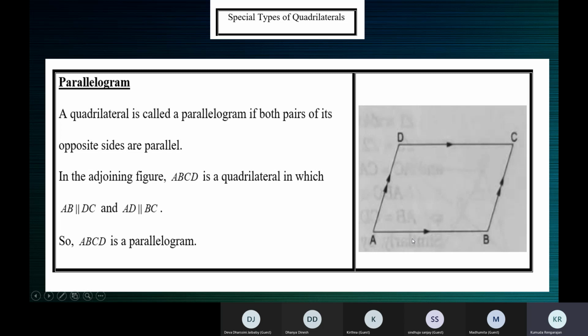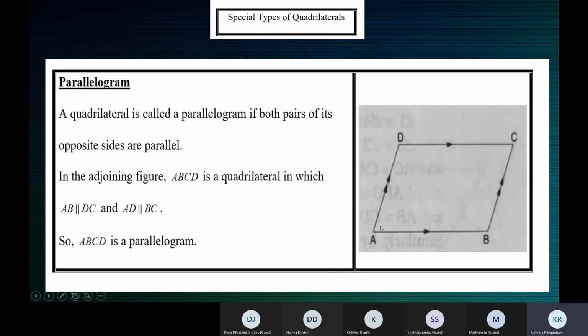Now, when you draw this diagonal, one second. All right, children.